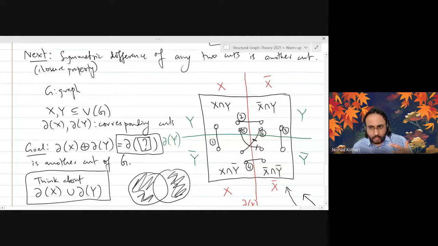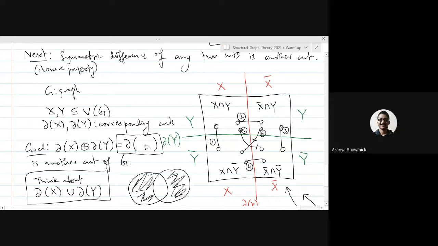And if they do, then what is the corresponding vertex set? If it is partial of z, what is z? It's actually x symmetric difference y. Exactly.